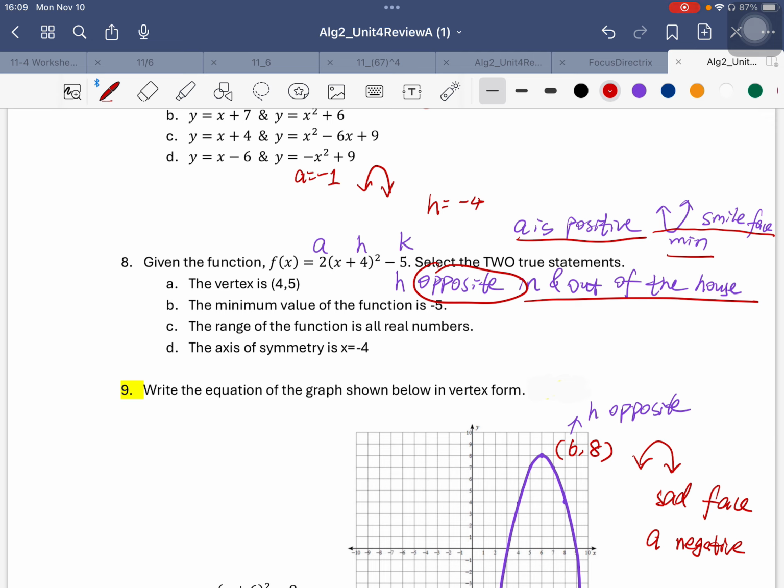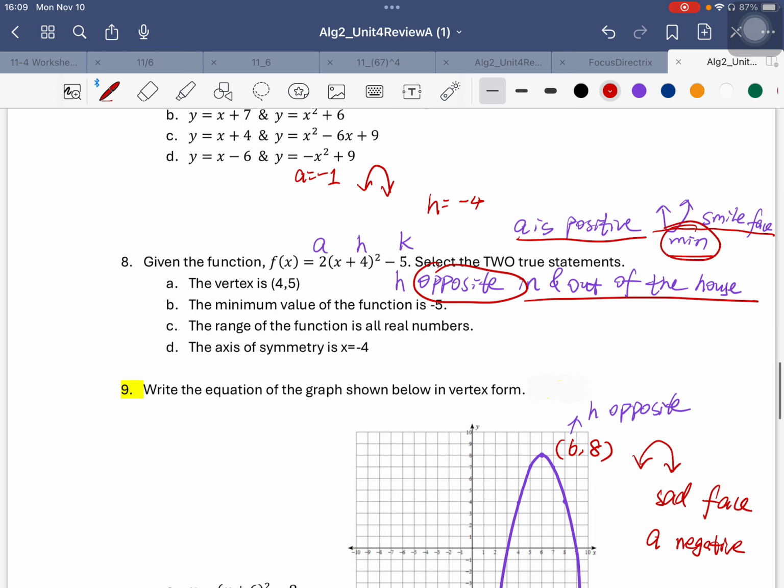Okay, let's look at answer choice A. Vertex, it should be -4, -5, because h is opposite, k stays the same. Okay, answer choice B, minimum is -5. Is it a minimum?